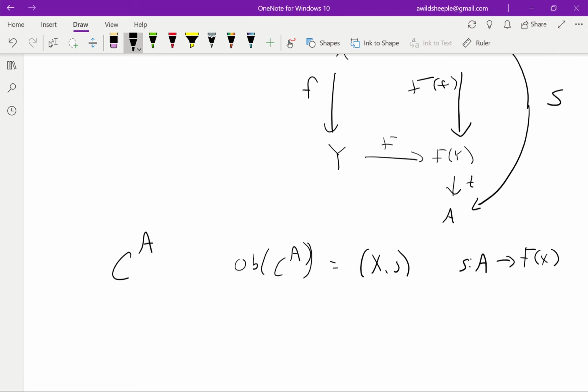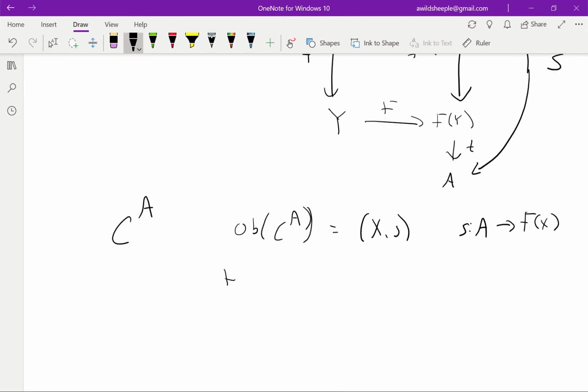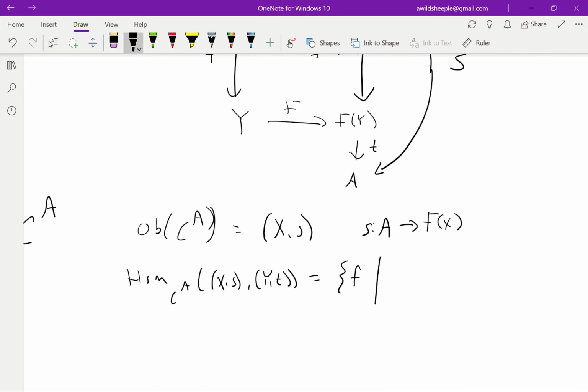And the morphisms do what I said before, but I'll write it down because it's confusing. These are the f's such that t equals F of f composed with s.